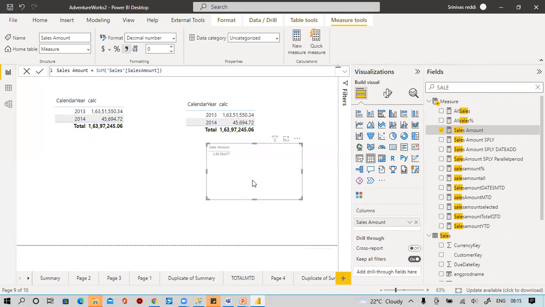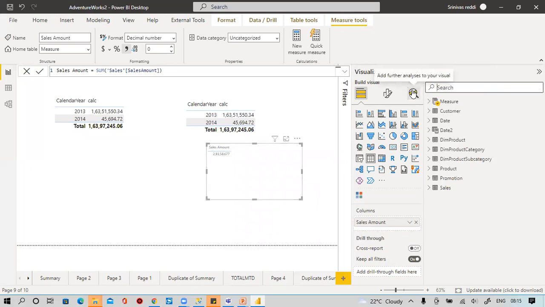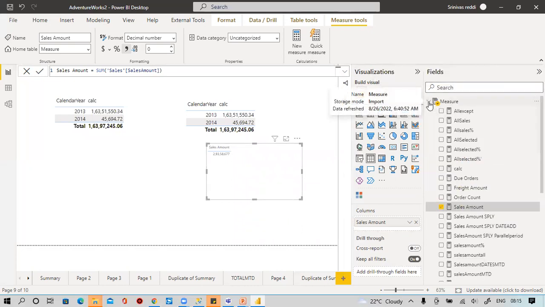One second, to give the answer on the role playing dimension. Order count, due orders. Don't worry about it, I don't tell anything about it.